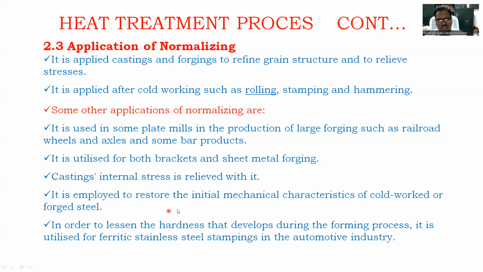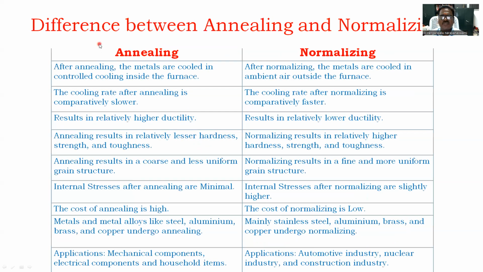It is employed to restore the internal mechanical characteristics of cold worked or forged steel. In order to lessen the hardness that develops during the forming processes, it is utilized for ferritic stainless steel stampings in the automotive industry. So, the difference between annealing and normalizing.